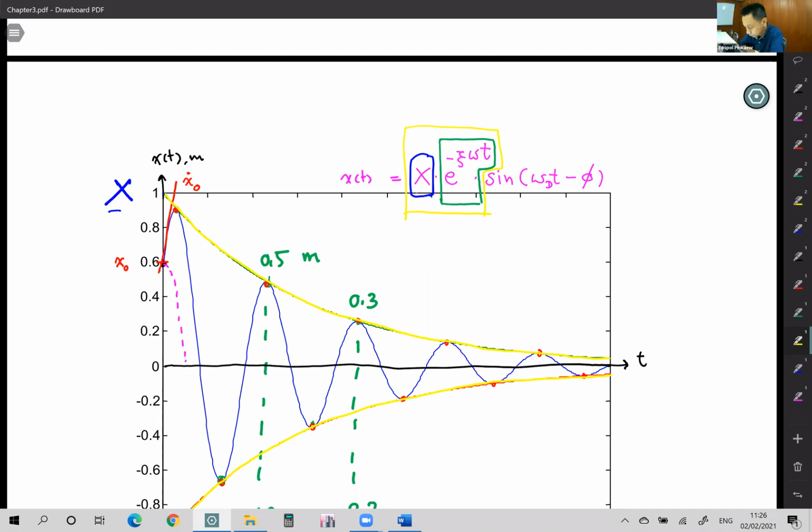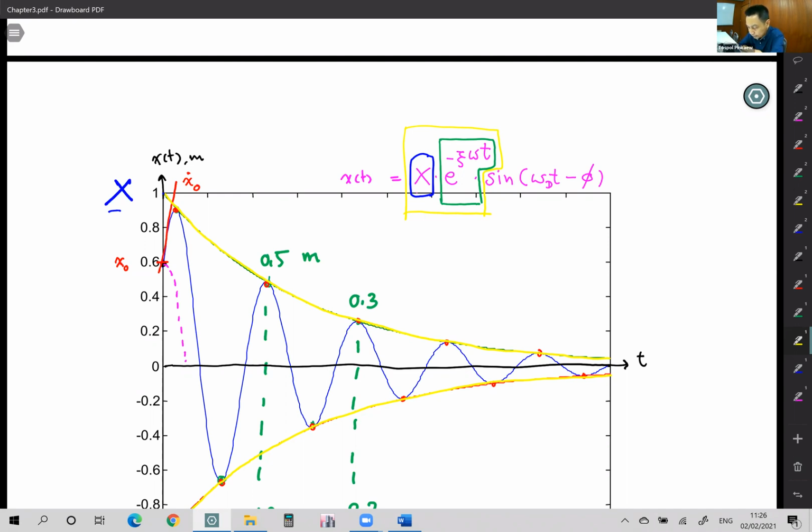Therefore, as time goes by, the vibration is smaller, smaller, and smaller. Who caused the vibration of my building to get smaller? I think it's the decay term. The e to the power minus zeta omega t makes my building vibration smaller, smaller, smaller, and go to zero.